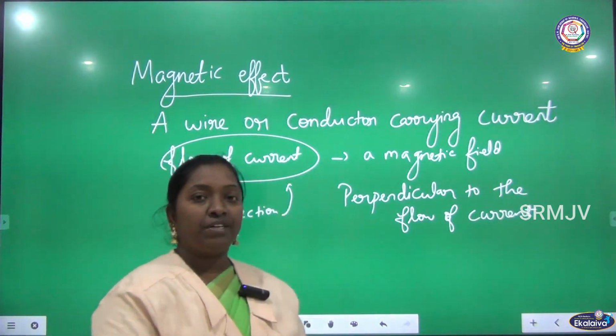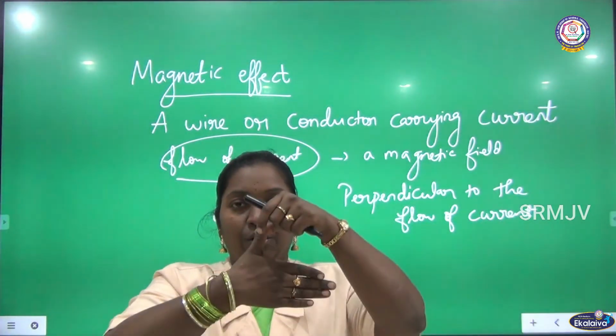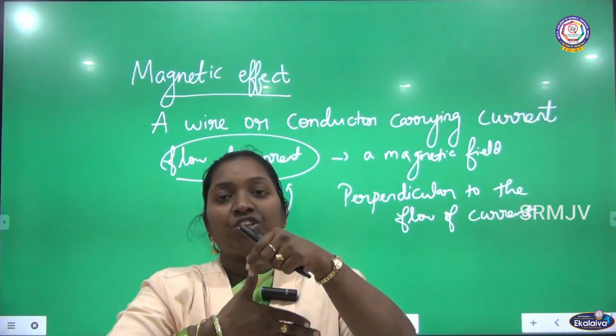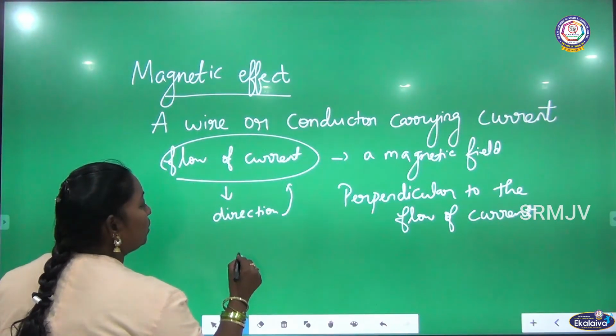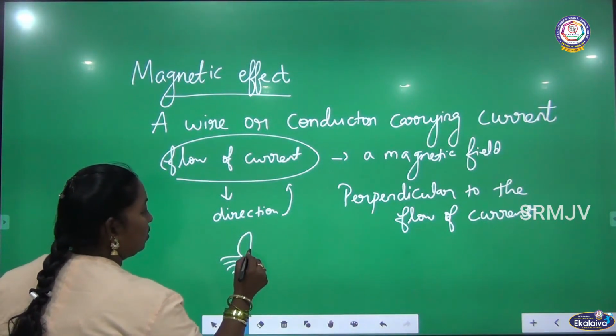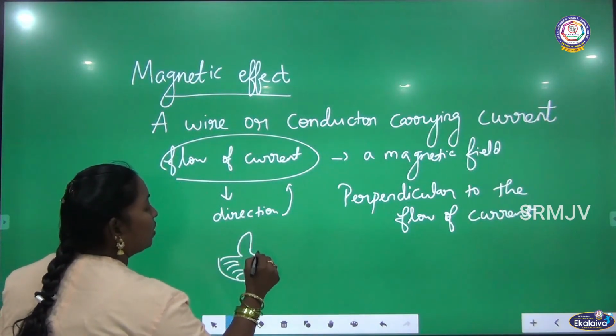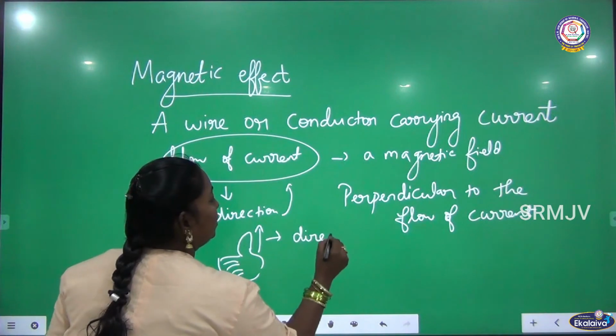To understand this better, just raise your hand. If you raise your thumb, it shows the direction of flow of current. If you see over here, this thumb raised points in the direction of flow of current.